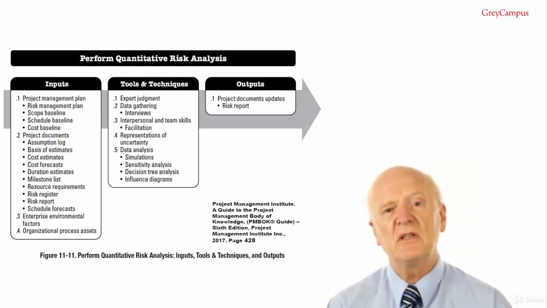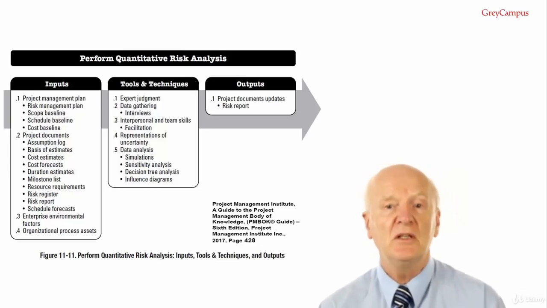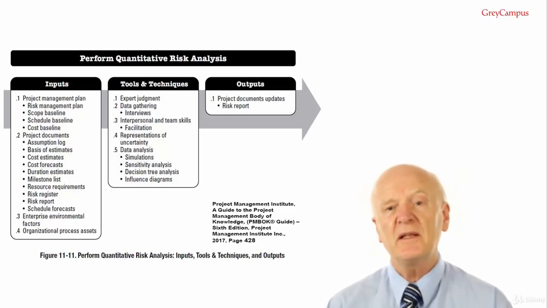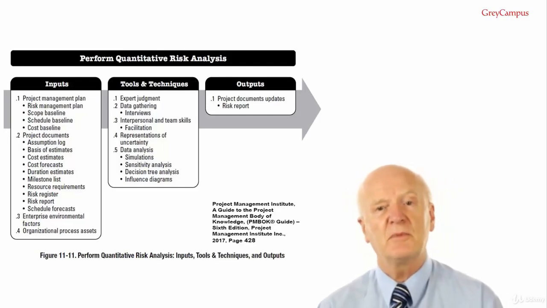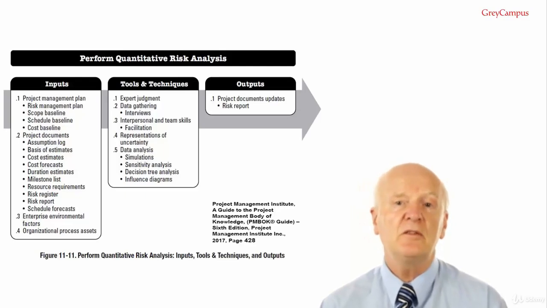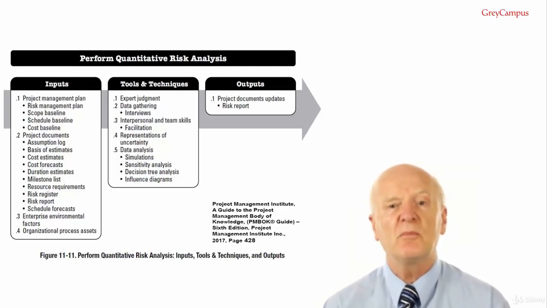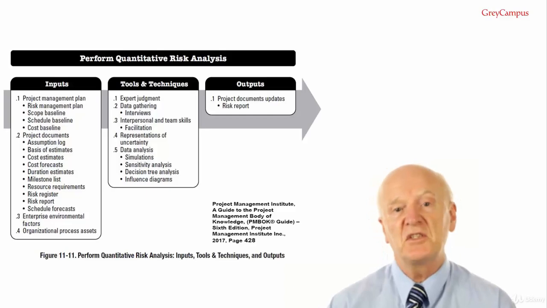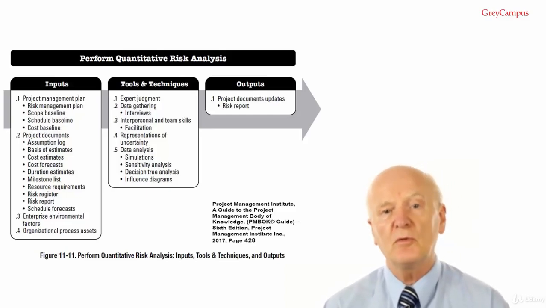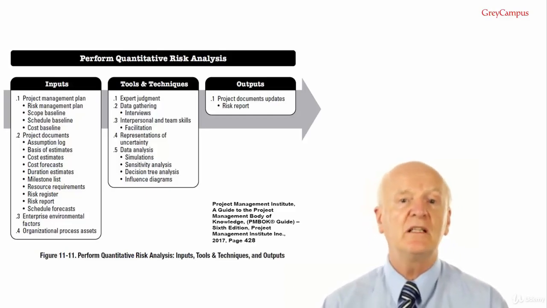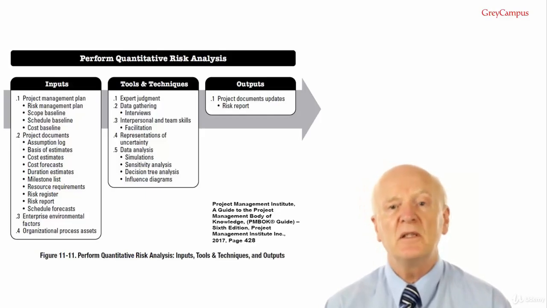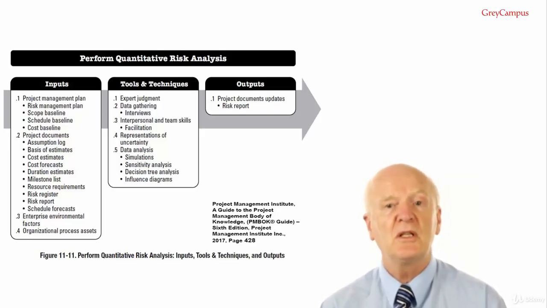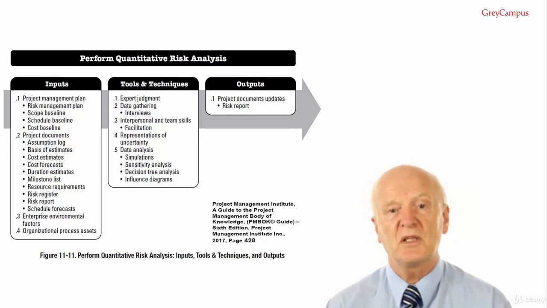As the analysis is repeated at different times during the project life cycle, trends may become apparent that inform the planning of risk responses. Recommended risk responses. The risk report may present suggested responses to the level of overall project risk exposure or key individual project risks based on the results of the quantitative risk analysis. These recommendations will form inputs to the plan risk response process.